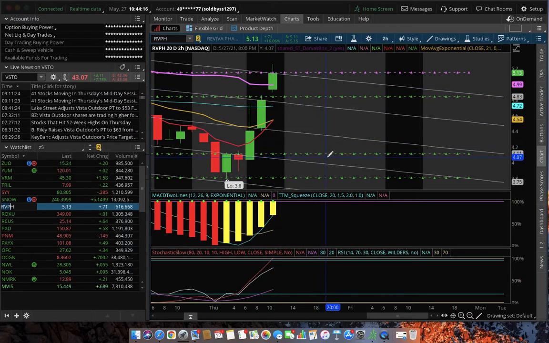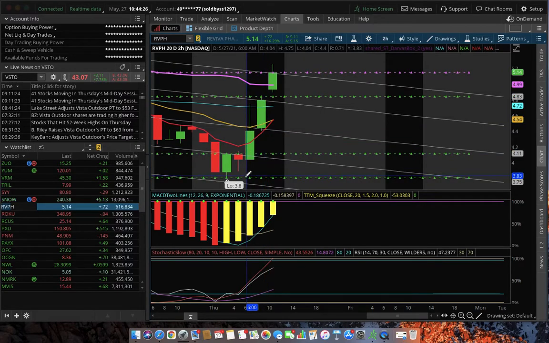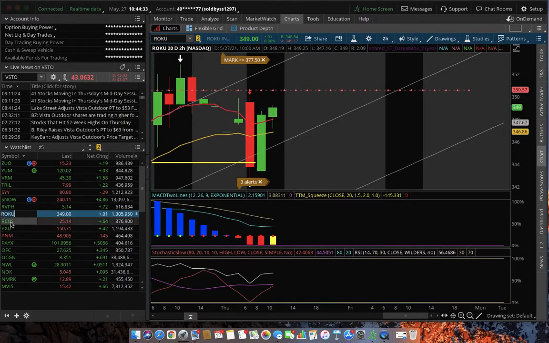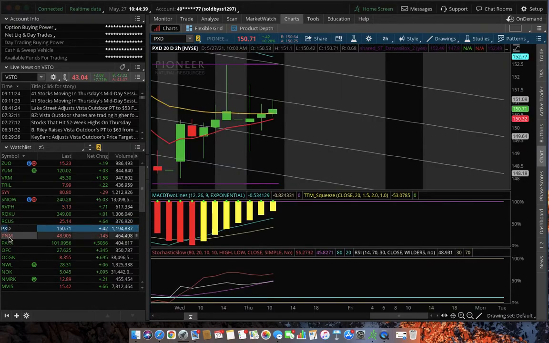So maybe because it's already moving up on a 2 hour, maybe we say that the 15 is not below. Maybe we say the 10 is below the 20 21. So you have to adjust the parameters. But I think even in this search that we're doing, you can find some nuggets there.